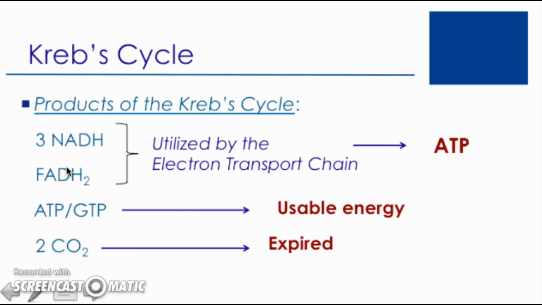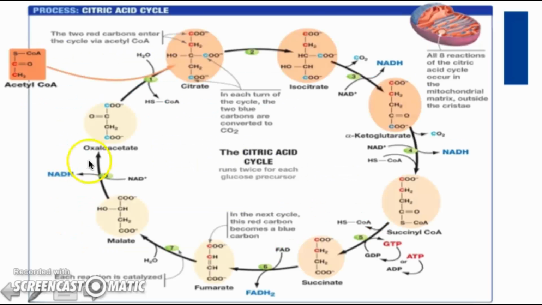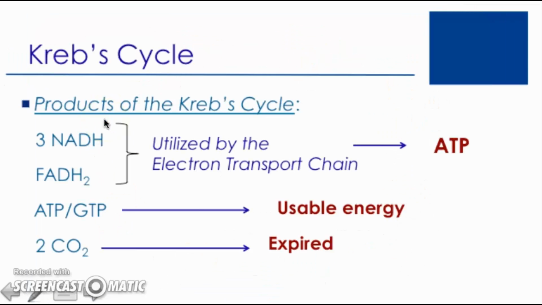Therefore, one turn of the Krebs cycle specifically forms 3 NADH, and you can see here one NADH is formed when converting isocitrate to alpha-ketoglutarate. One is formed in the conversion of alpha-ketoglutarate to succinyl-CoA. And then last we have formation of NADH in the conversion of malate to oxaloacetate.